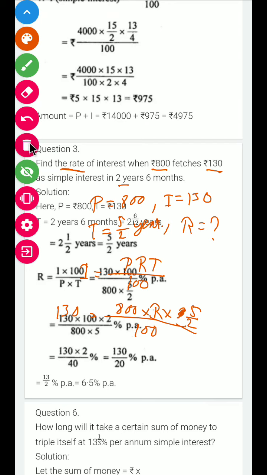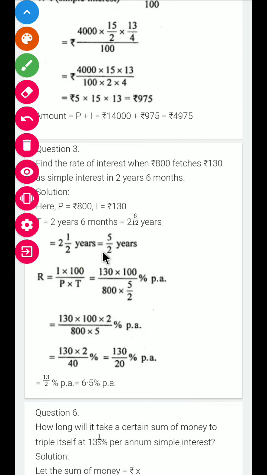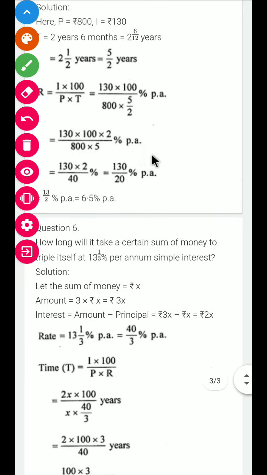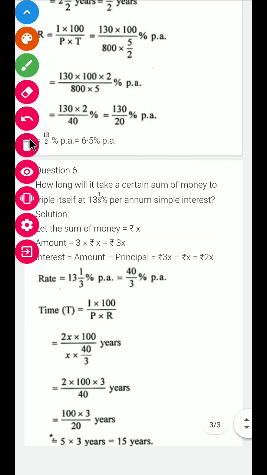Now go to the next one, question number 6. Question number 6 is: how long will it take for a certain sum of money to triple itself at this much per annum simple interest? That means which things are given?